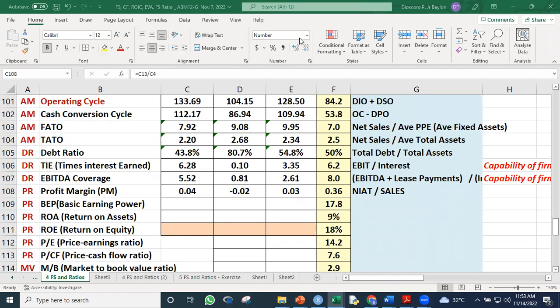Okay, so related siya sa, saan related to? Si basic earning power. Related siya kay TATO, di ba? Kasi si TATO, yung total asset turnover, it's your sales over your average total assets. So ito naman, si basic earning power, ang tinitingnan natin, not the sales, but rather the EBIT na.